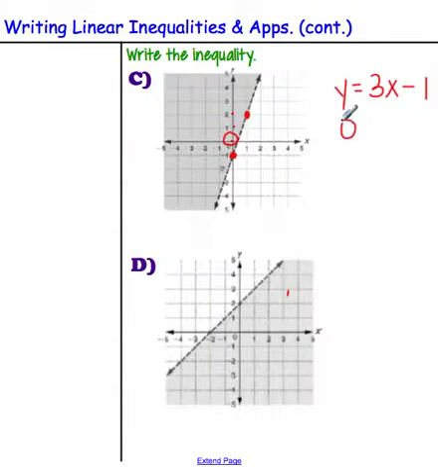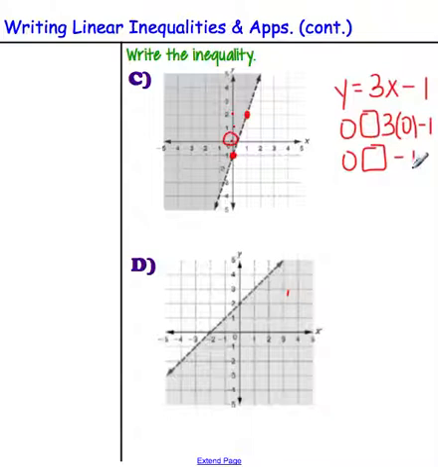We have 0, a blank, 3 times 0 minus 1, which gives me 0 on one side, and on the other 3 times 0, which is 0, minus 1 is -1. It is a dashed line, which means that we're not going to have the line underneath the inequality symbol, and 0 is greater than -1, which means that y is greater than 3x minus 1.